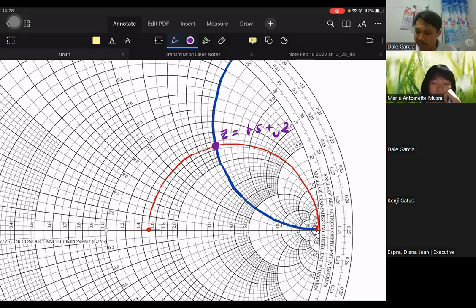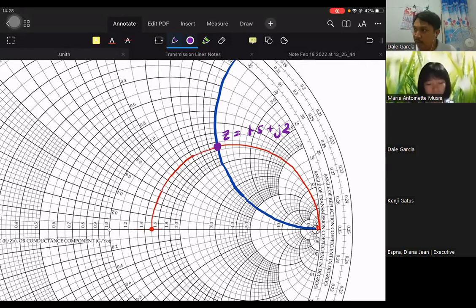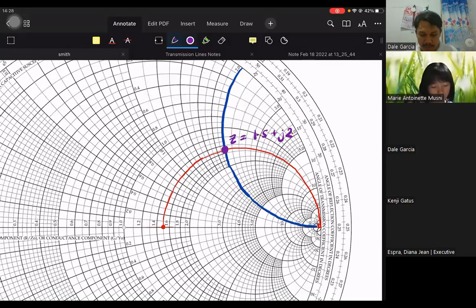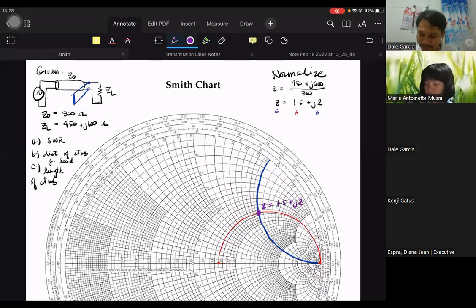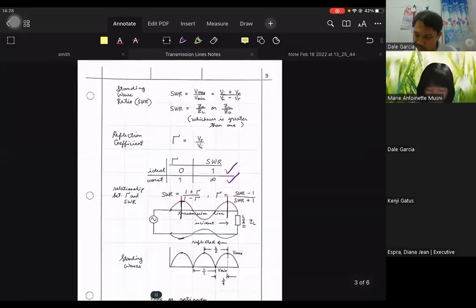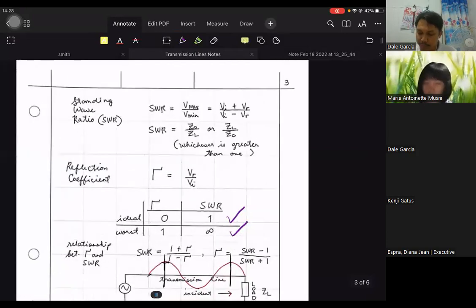Kaya makasolve sa SWR, dili necessarily nga i-solve para ma-locate. Pero atong i-solve daan para accurate ang atong pag-locate. So ito ang formula sa SWR. Z0 over ZL or ZL over Z0.